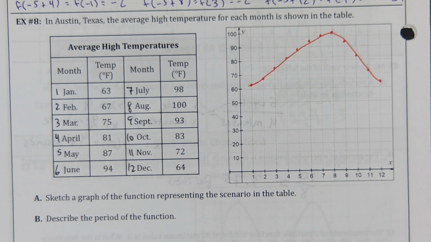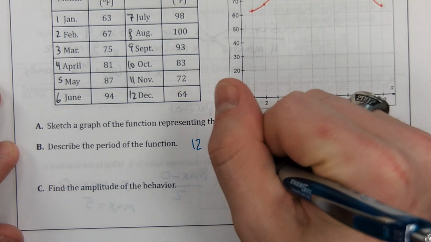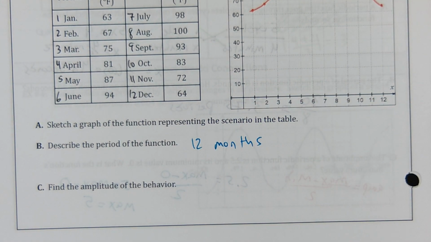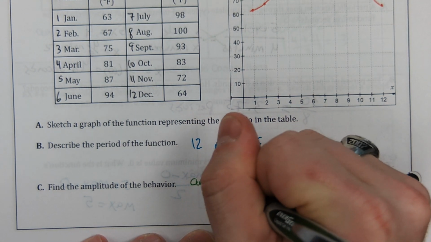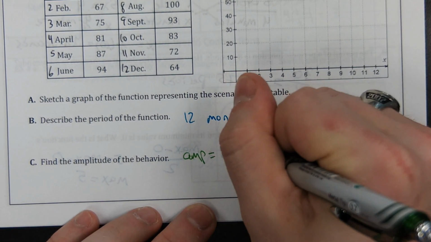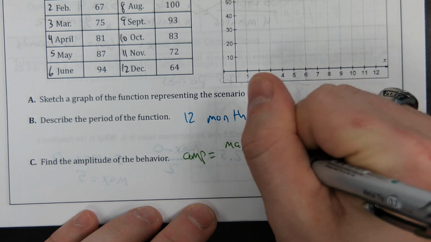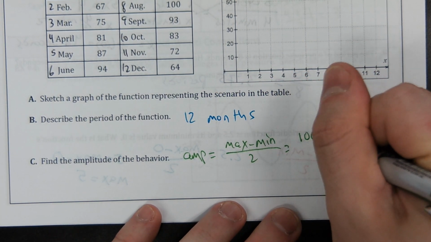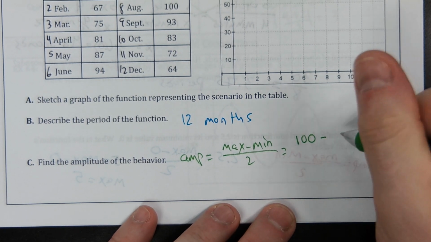First thing we're supposed to do is describe the period of the function. What is the period of the function? It's 12, because there's 12 months. So yeah. Okay. Then it says to find the amplitude. Reminding you, the amplitude will always be maximum minus minimum divided by 2. Our maximum was 100, and our minimum actually happened in January at 63.